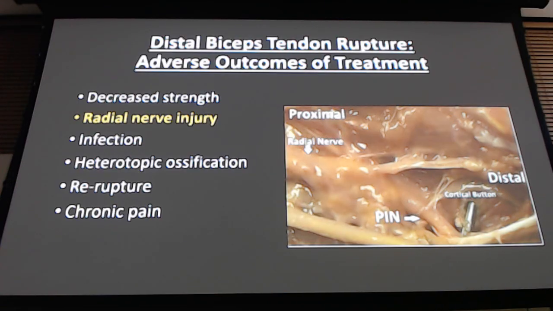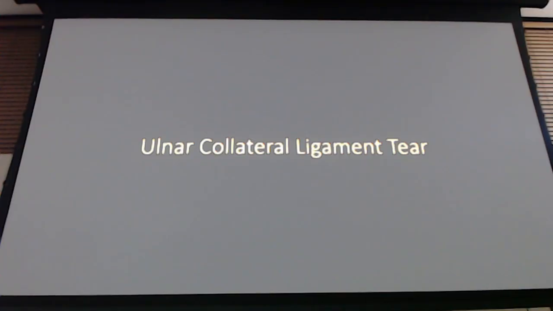Re-rupture is always a concern, and re-rupture can be more significant as well if you don't do a good repair and switch over to a reconstruction. Okay? Any questions about distal bicep? It's kind of proximal bicep, but in reverse, correct? So in your mind, when you're studying, make sure you get the two clear.